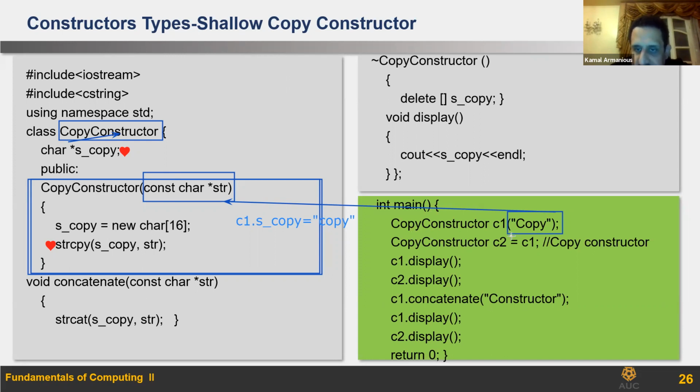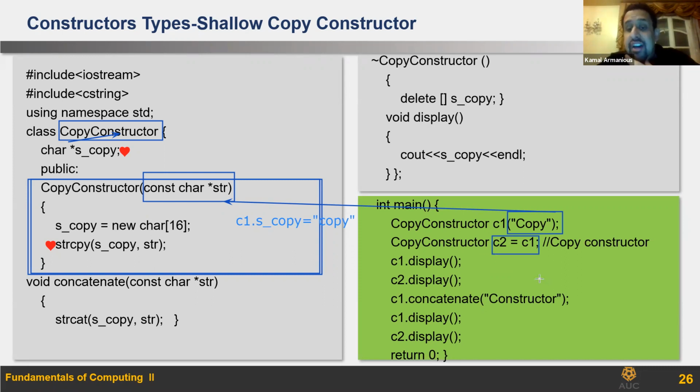When I say copy constructor C2 equal C1, did you code anything to do a copying from C1 to C2? The answer is no. The compiler will do it for you. So this is called a shallow copy constructor, because the compiler is doing this part for you.